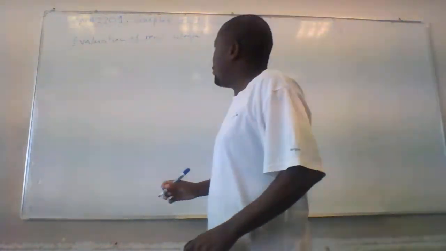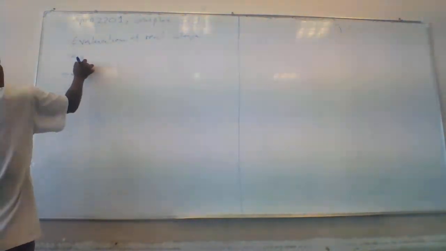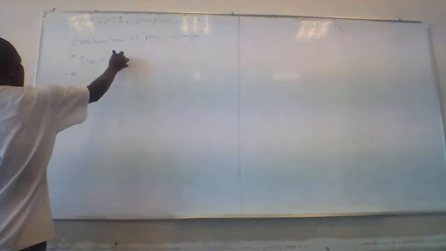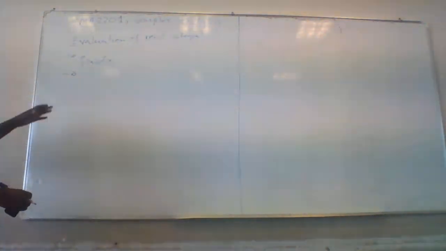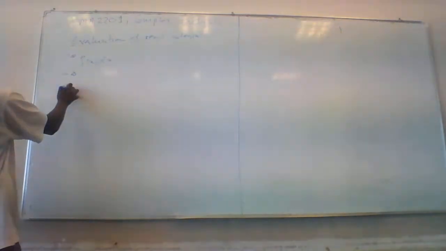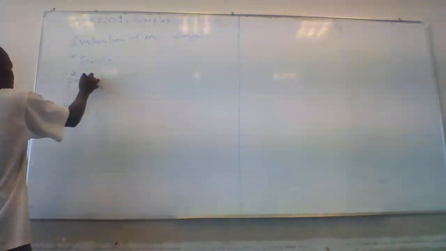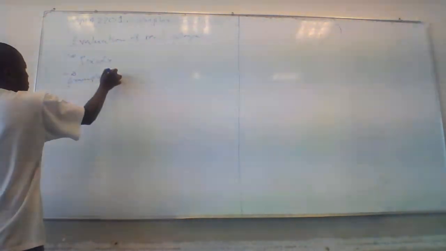That is to say, if we are given an integral of the form from minus infinity to infinity of f of x dx, how do we evaluate this integral? Let me have this as an example here. Example 1.